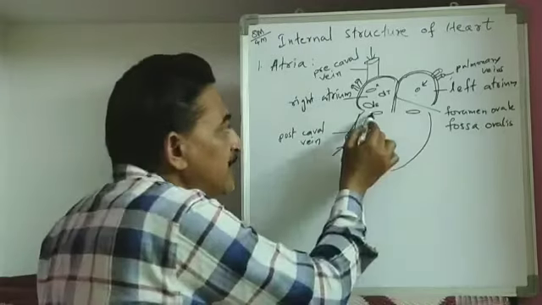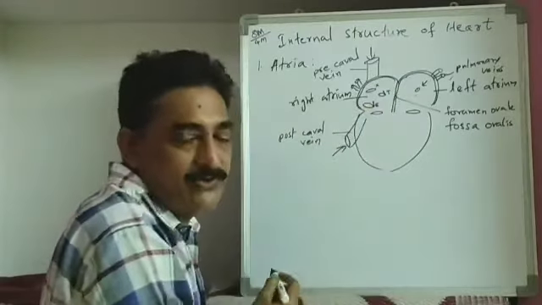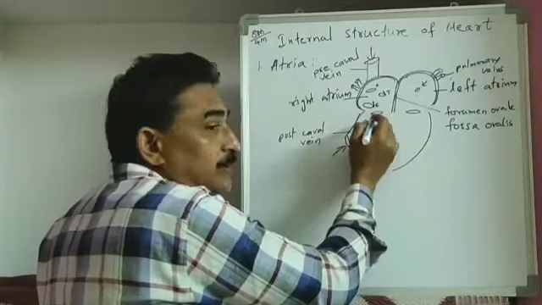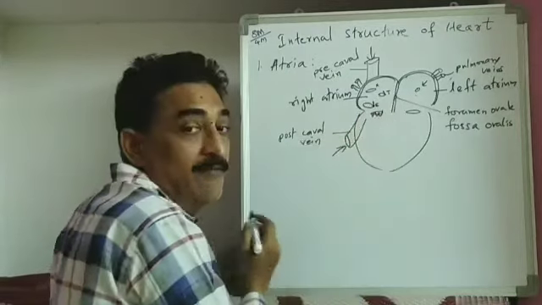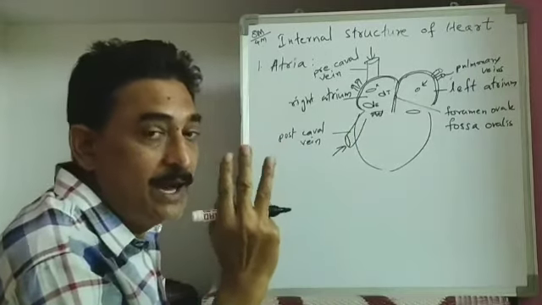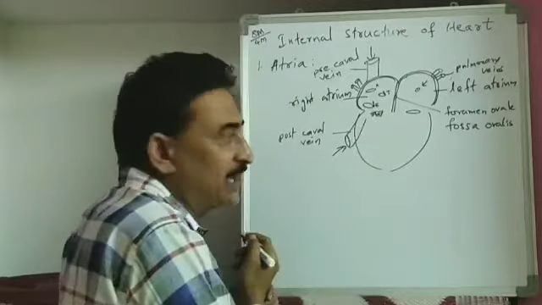Atrioventricular means the aperture situated between the atrium and ventricle. The right atrioventricular aperture is covered with the tricuspid valve. Tri means three, three flap-like, leaf-like structures. The valve looks like that.